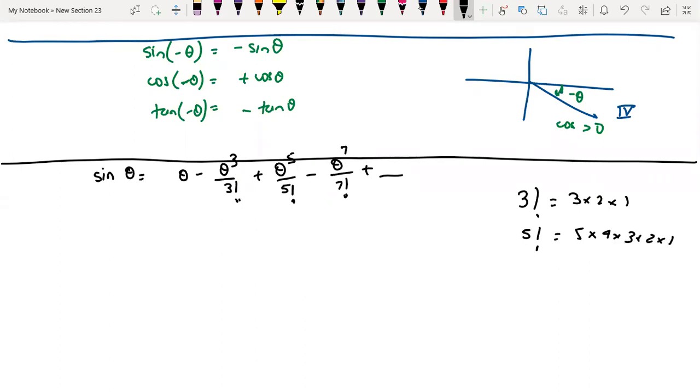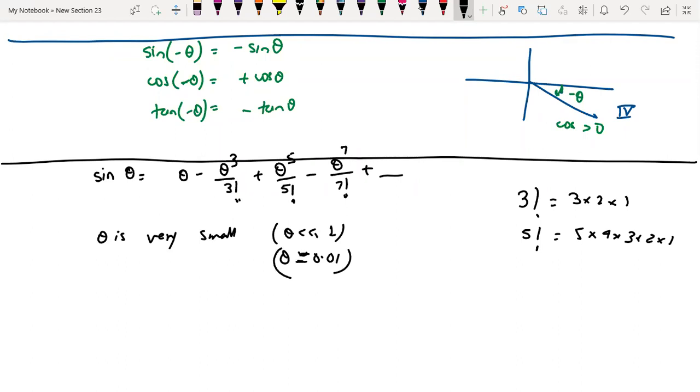Now if theta is very, very small, let's say less than 1, that means theta is 0.01. If it is 0.01, then if you take the cube of 0.01, you get 0.000001.